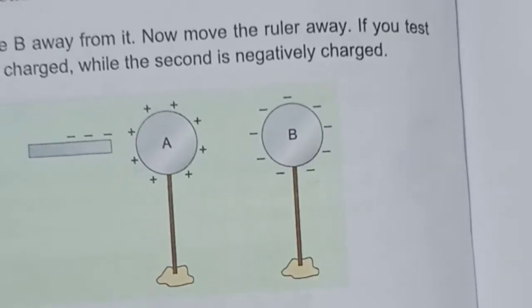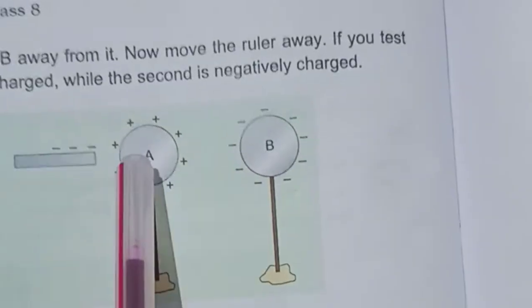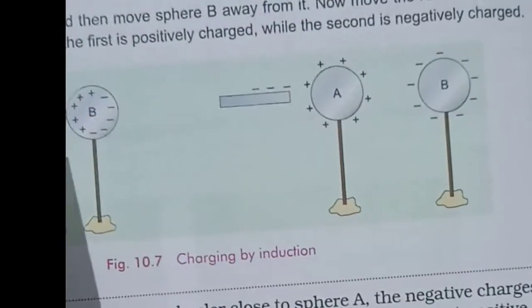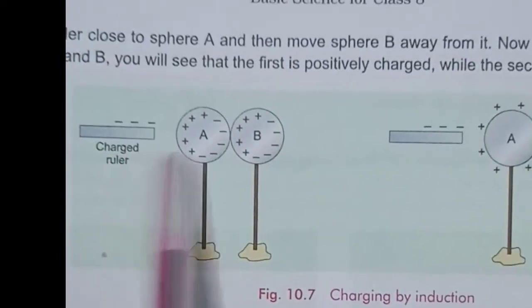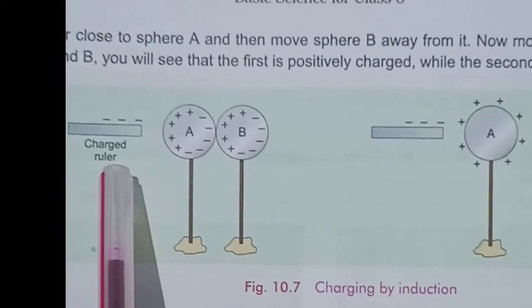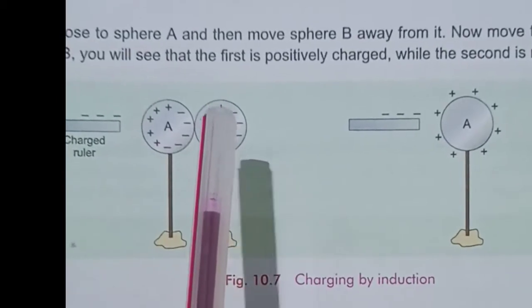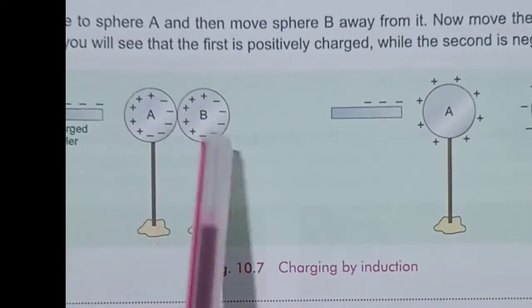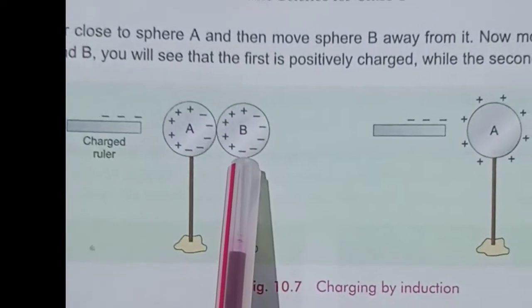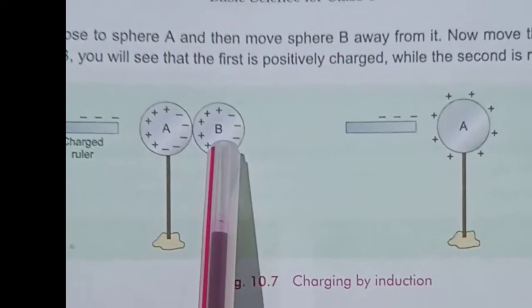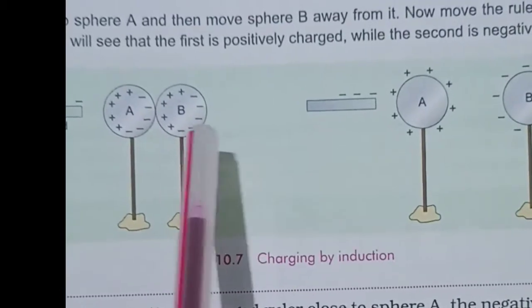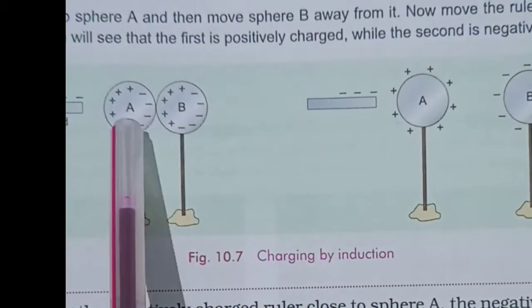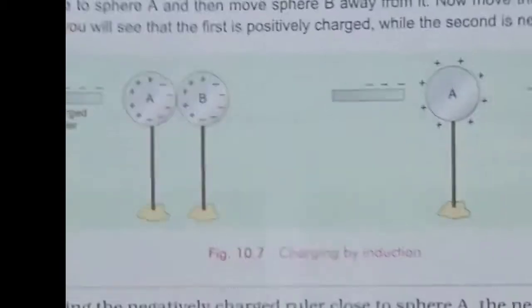And if we had moved this plastic ruler away from these two spheres before moving sphere B away from A, then what would have happened? Both the spheres' charges would have rearranged themselves and the two spheres would remain electrically neutral.